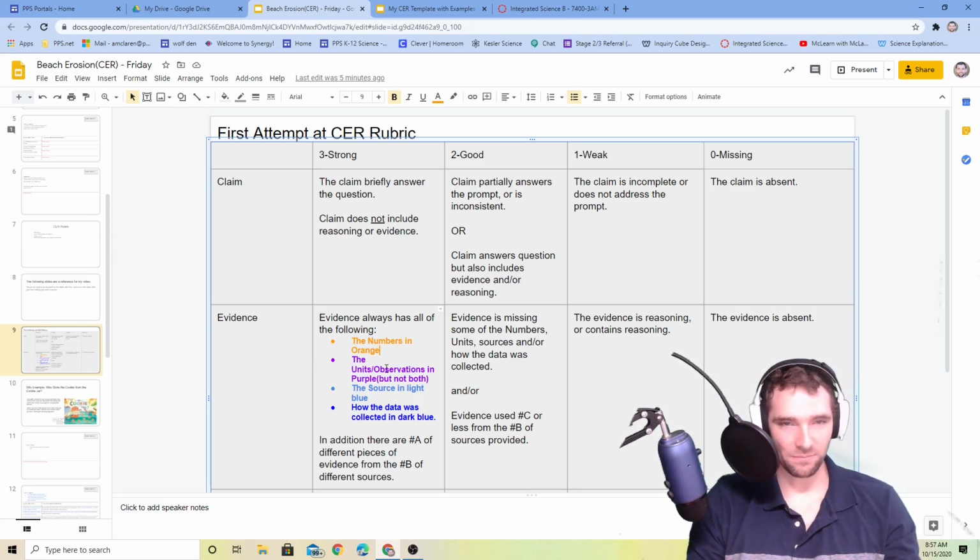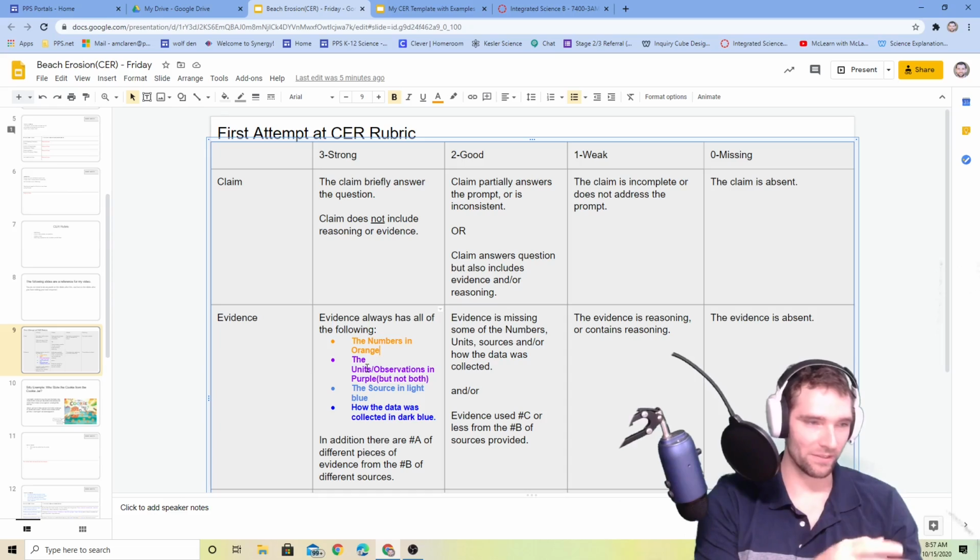And then you're going to need some units if you did some measurements. If you did not get any measurements, you need to get some sort of observation, something that you can see or smell or hear or taste. You need something in there that's measurable, either with your senses or with a device.